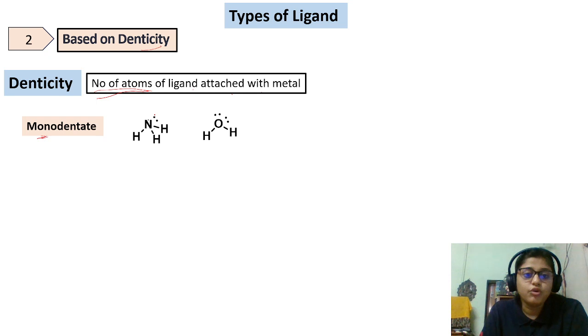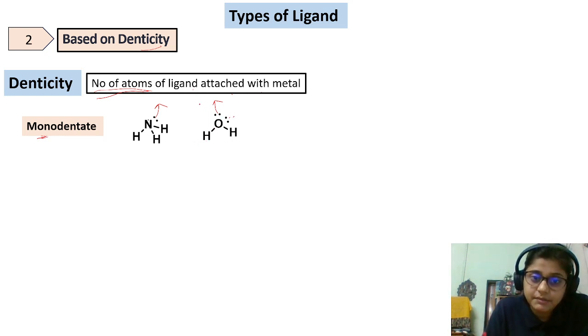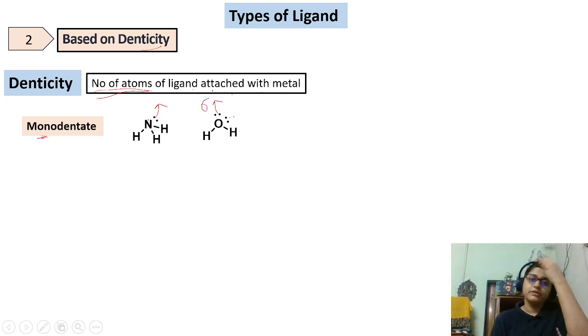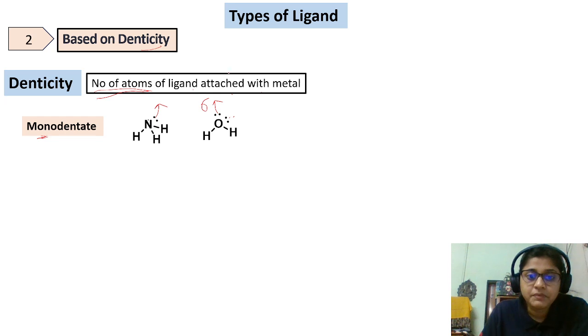This will be donated via nitrogen, this via oxygen, in that way. If it donates, the first donation will be through sigma; I will talk about it in the next slide. And this will be pi donation.